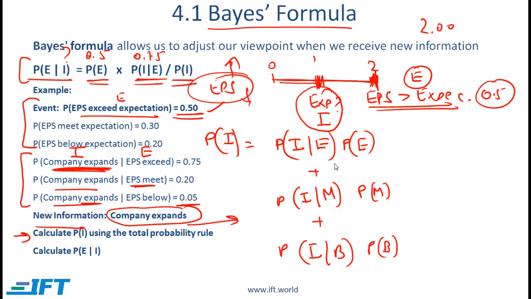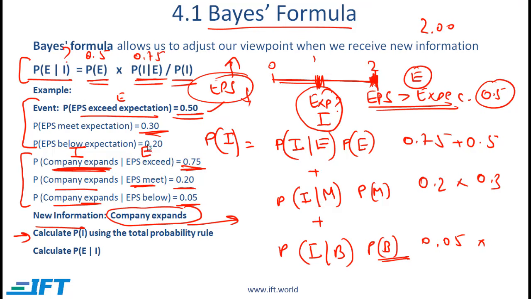We have all these probabilities. Probability of I given E is 0.75. Probability of E is 0.5. Probability of I given M is 0.2, and the probability of M is 0.3. The probability of I given B is 0.05 times probability of B, which is 0.2.